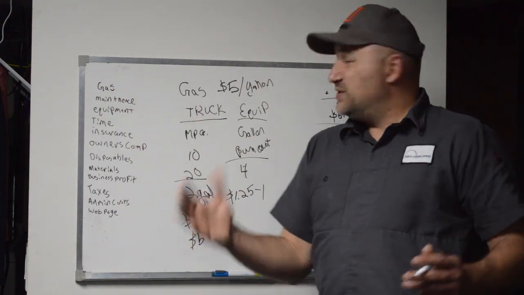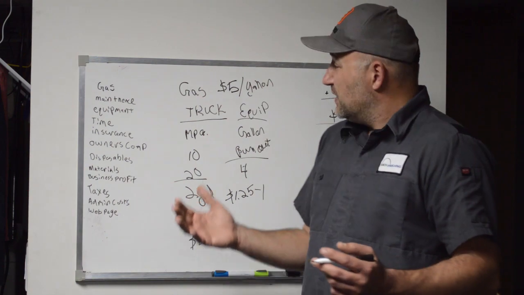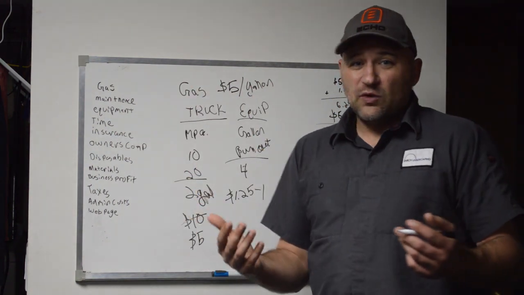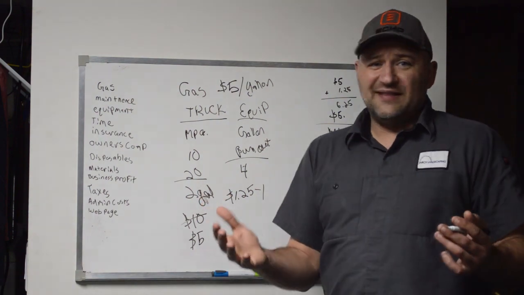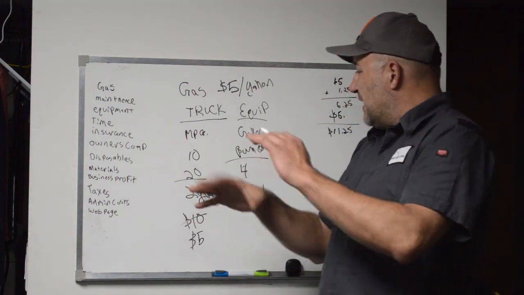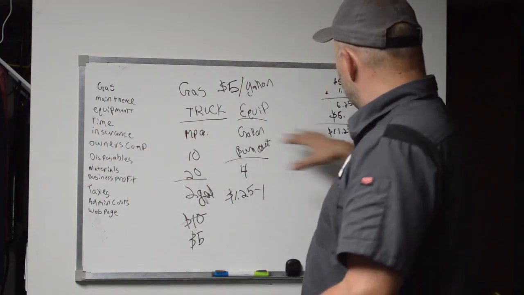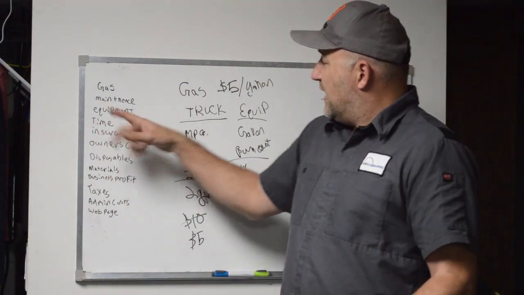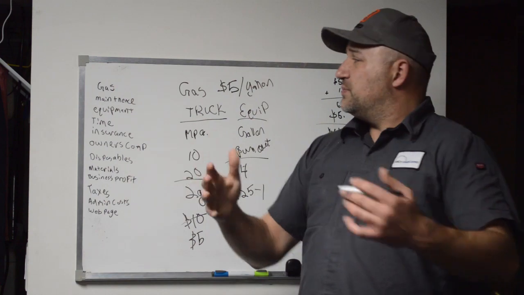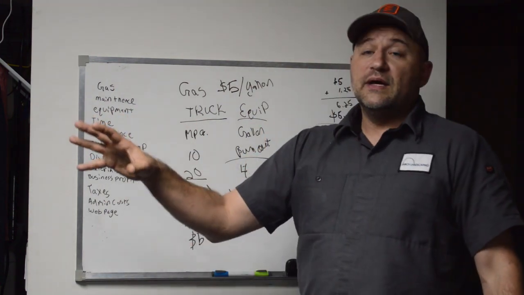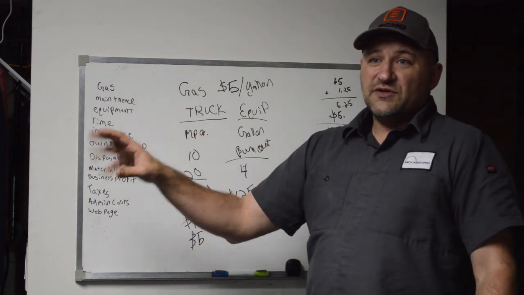Now, the way that you would do this is through depreciation. If you have a used piece of equipment, you could probably depreciate that over 3 years and average that out to figure out how much it's going to cost per property. Or you can look at that piece of equipment brand new and go 5 to 7 years.